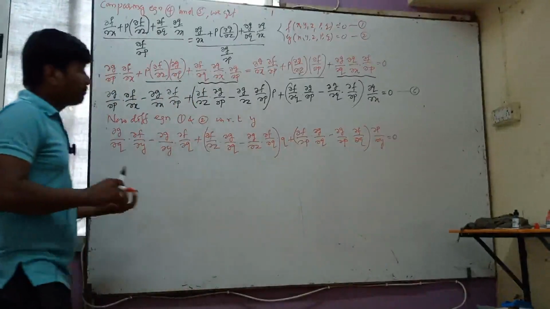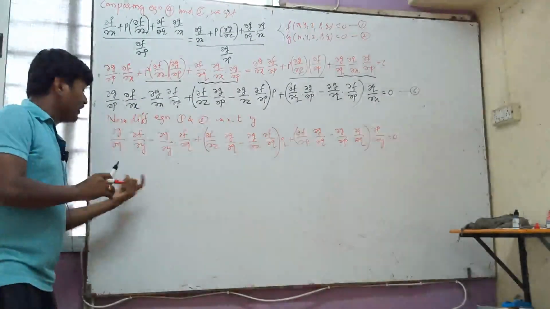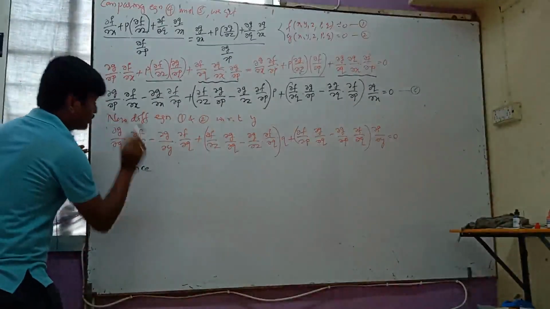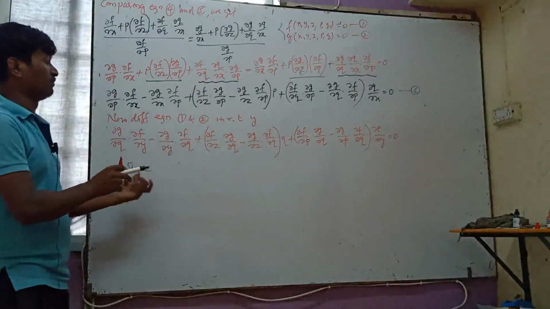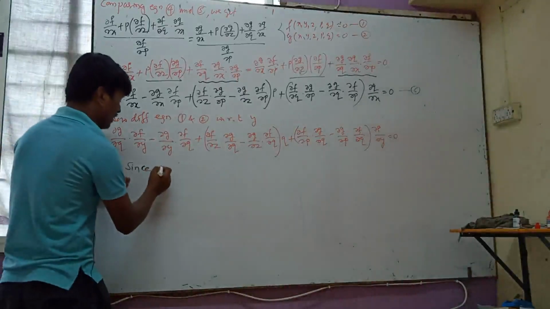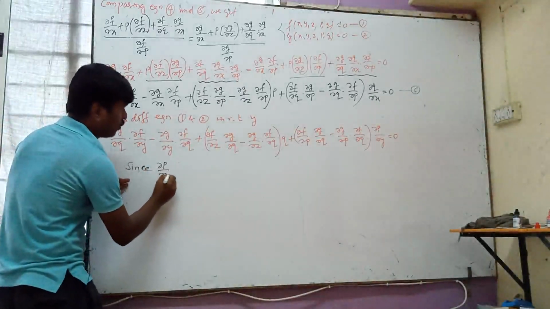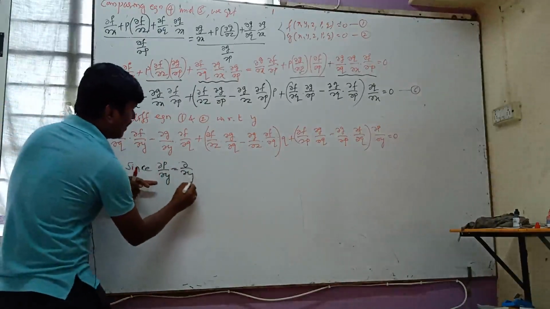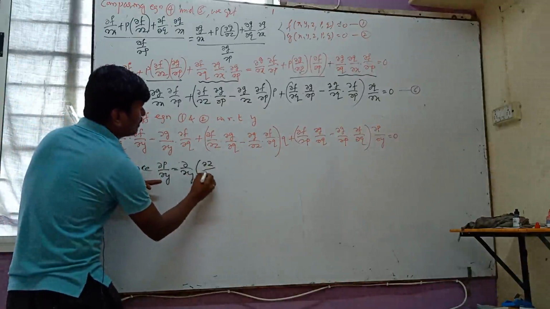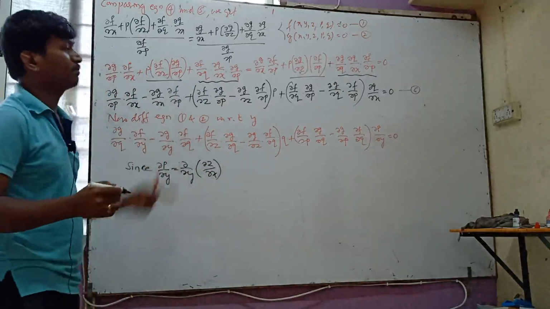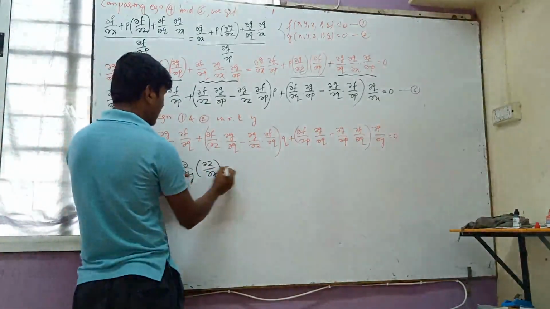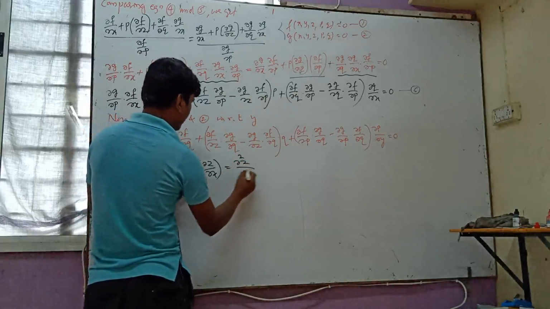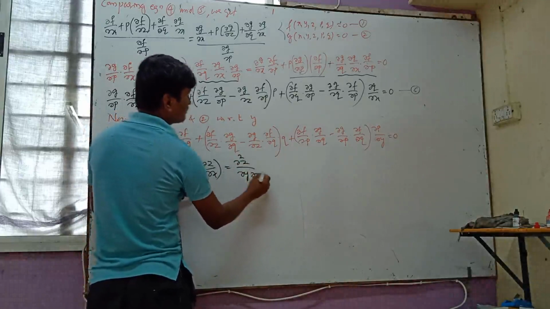So this is very important, and you have to observe it concentratedly and carefully. Now dou p by dou y, shall I write here, dou by dou y of p can be written as dou z by dou x. I already explained this previously, and this can be written as dou square z by dou y dou x.